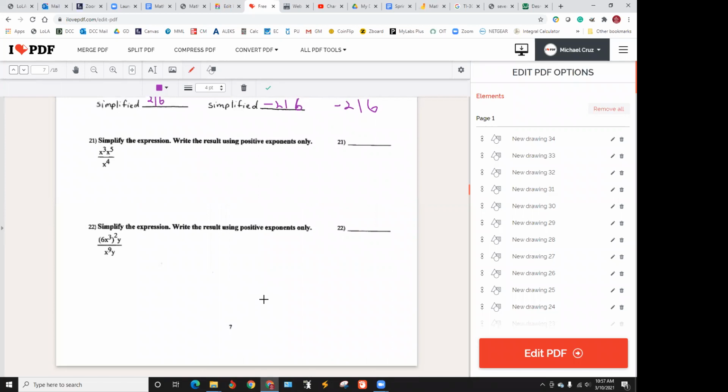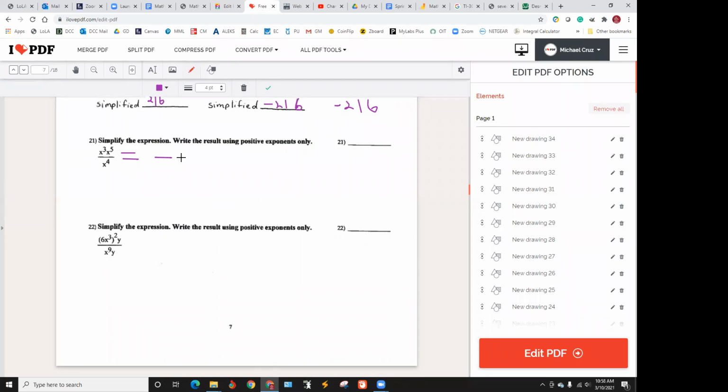All right, we're getting close here. All right, so generally with these, you got the same variables. You're going to be able to use the product rule and or the division rule. In this case, all three of these are x's, so I recommend using the product rule first.